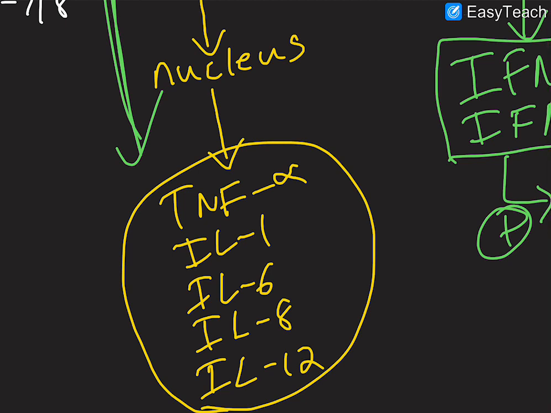Now, if we were talking about something like influenza virus, and let's say we were talking about our alveoli, for example, or our airway in general. Let's say there's the influenza virus, and we have our macrophages in our alveoli.